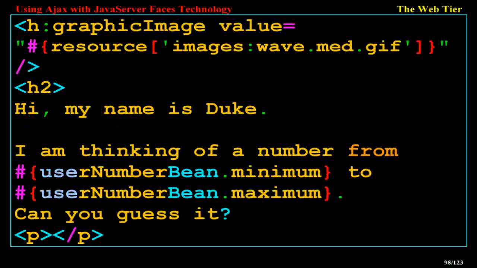I'm thinking of a number from #{userNumberBean.minimum} to #{userNumberBean.maximum}. Can you guess it?